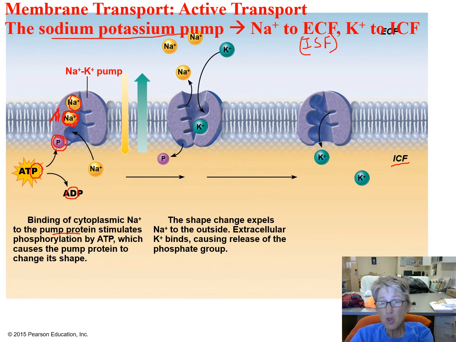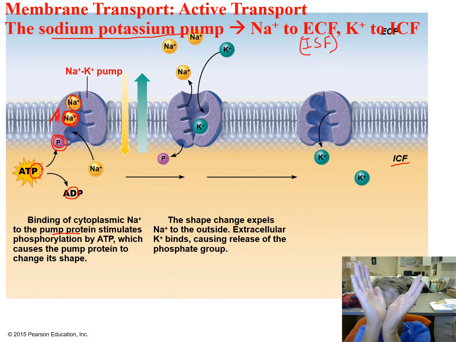Now this shape change, the phosphorylation and the shape change, causes the pump to kind of do this. So the pump was like this V, and then when it got its 3 sodiums, it went like this. Boop.